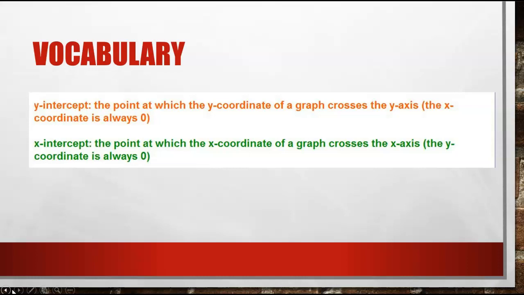The x-intercept occurs when it crosses the x-axis, meaning the y value is 0.